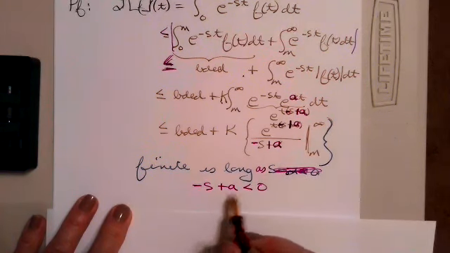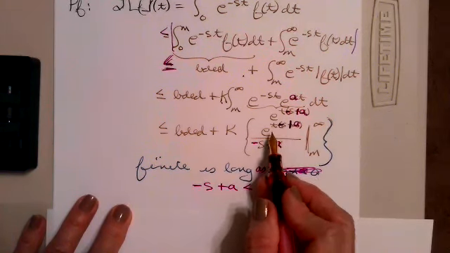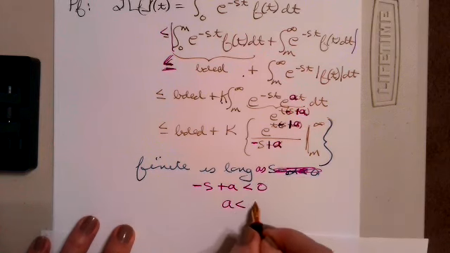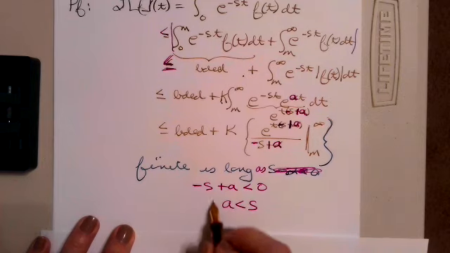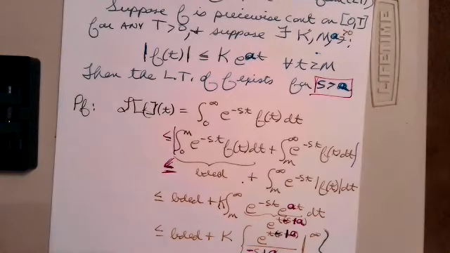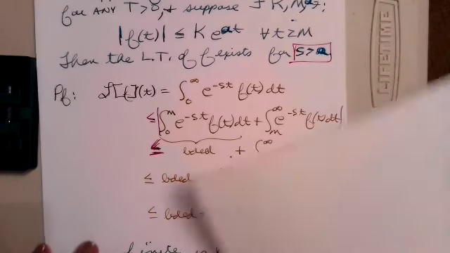So we need that coefficient with the t to be negative, which is the same thing as saying that a is less than s, which is what we claimed in the theorem. Okay, so that does it. So the Laplace transform exists if a function is exponentially bounded, the absolute value of the function is exponentially bounded when t gets really big.